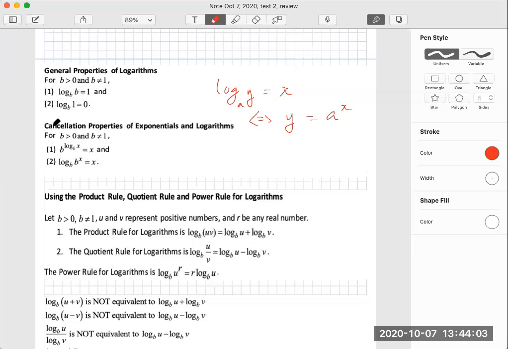For any base b, log base b of 1. So we ask ourselves, which number should we put here to get 1? And in our case, x here is 1, and for any number b, y should be 0. That is why log base b of 1 is 0. Okay.